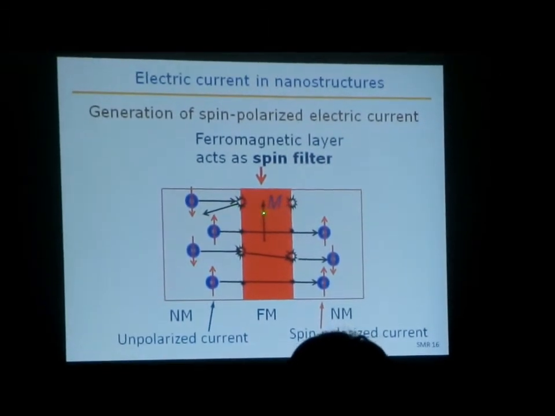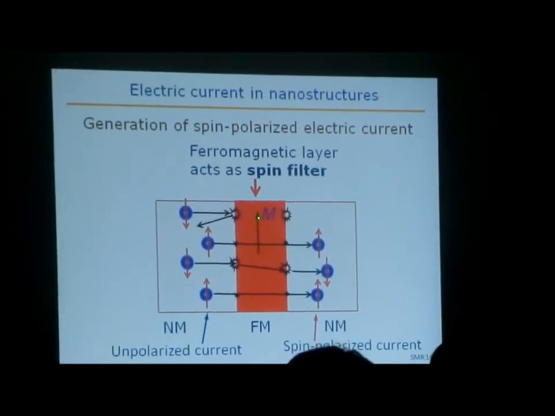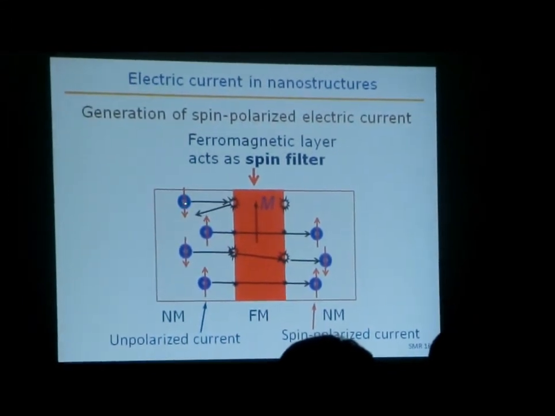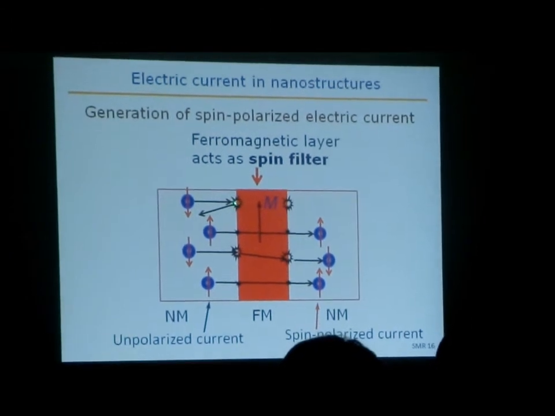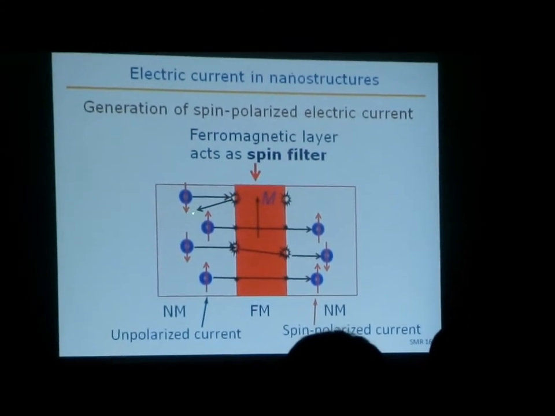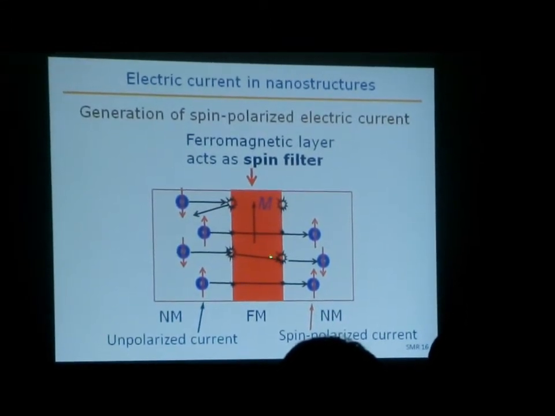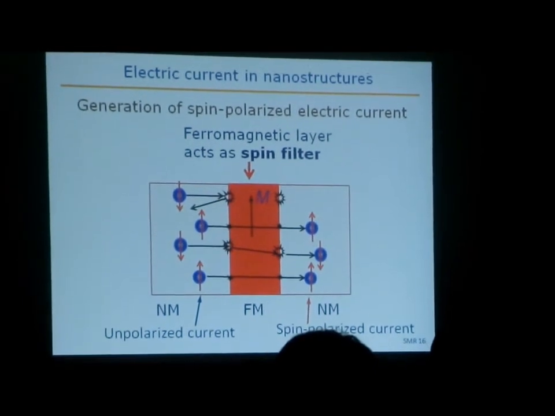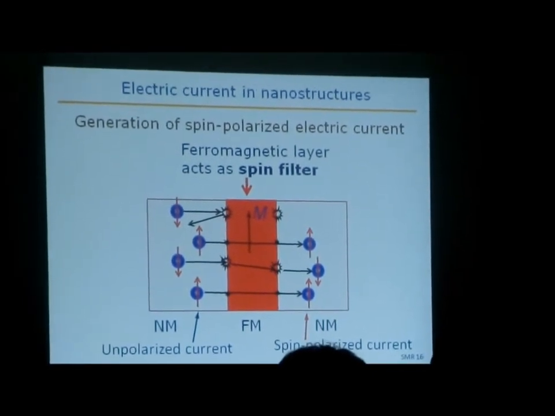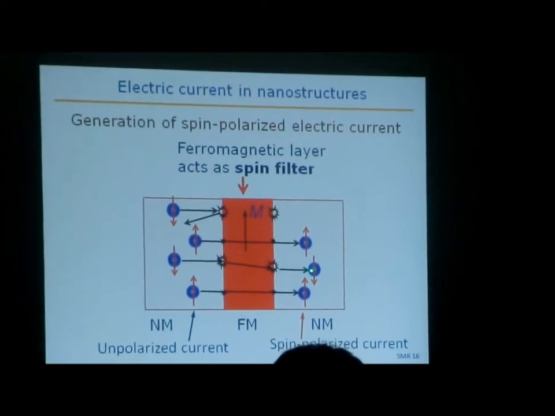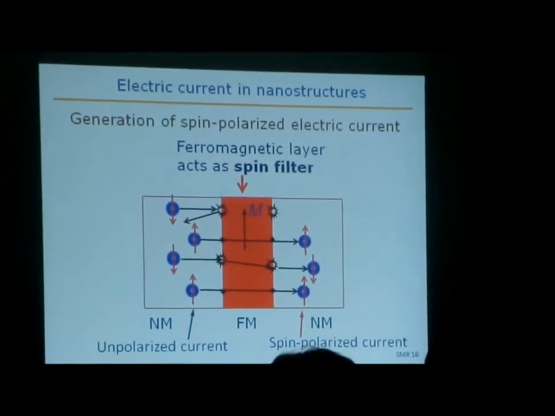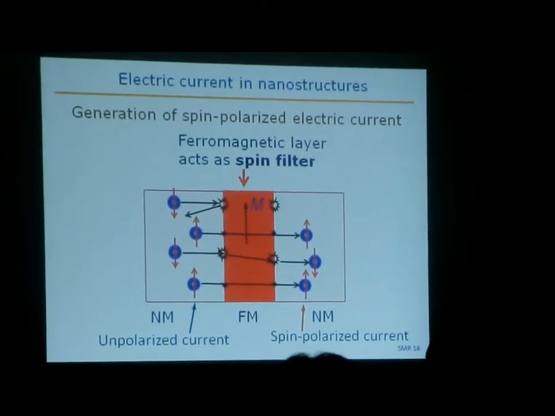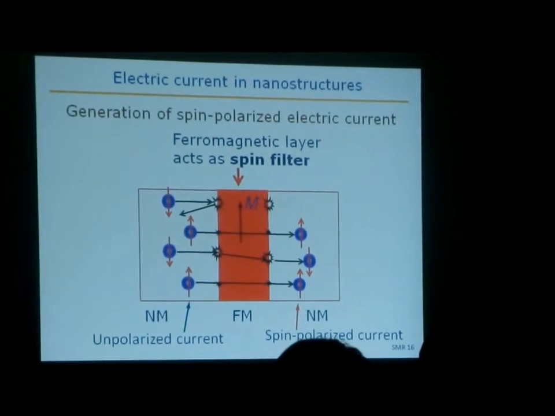Since the collision with the magnetization has a larger cross section for spin down, there is a larger probability of this electron being reflected. Of course, some will pass through. But this constitutes a spin filter. The electron current on the other side will have more spins up than down, and this is a spin polarized charge current.